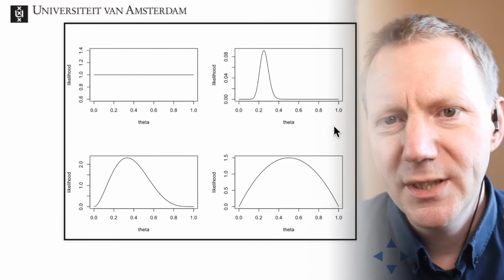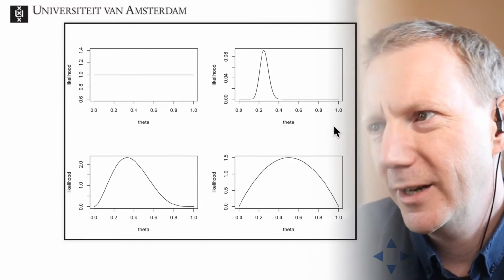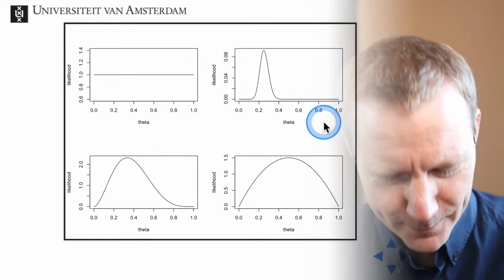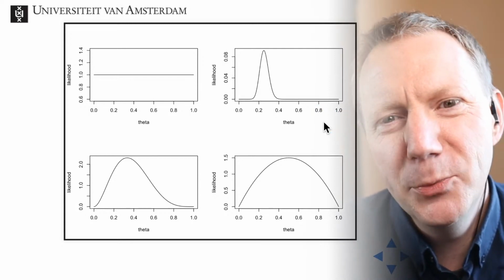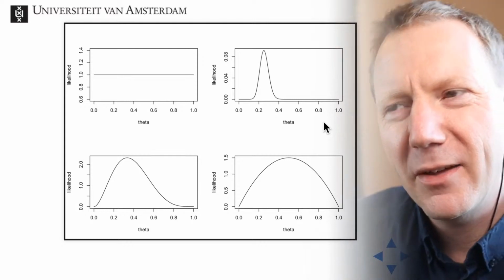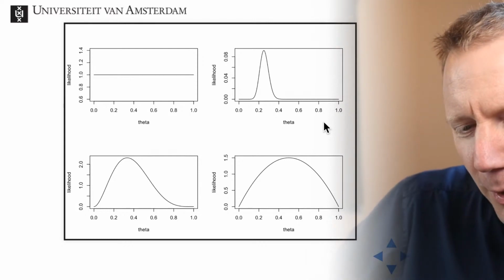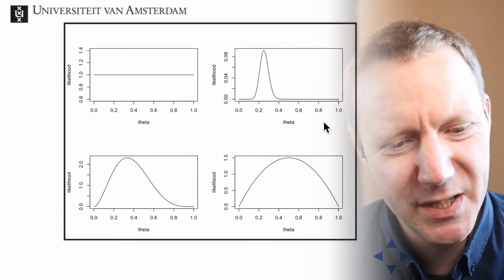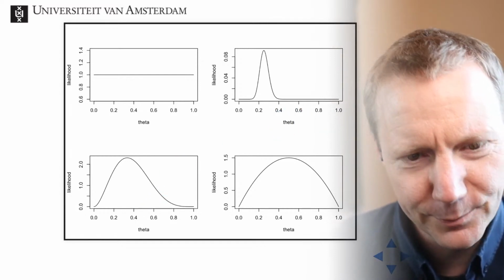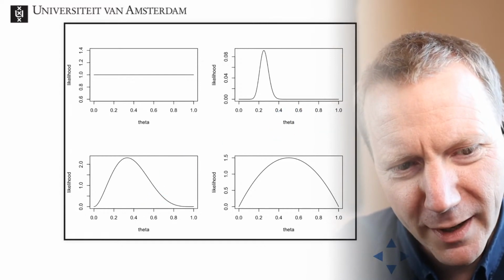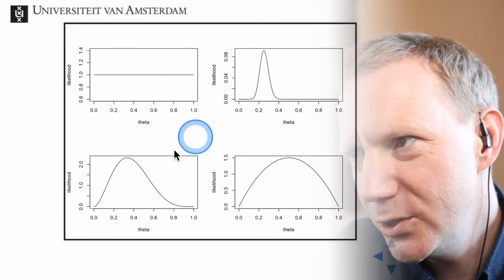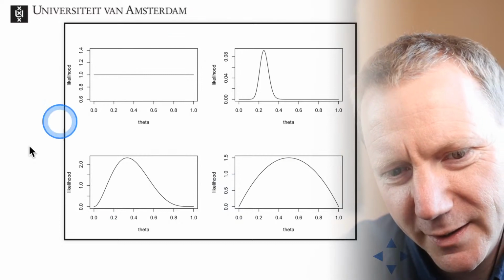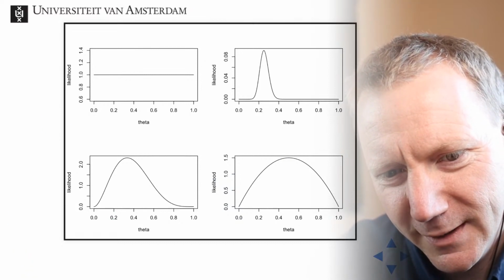So what I'm going to do is choose a specific prior, and I'm going to be stubborn. I'm going to stick to my initial stubborn belief that the probability of heads for this specific coin was actually 0.25, so I'm going to choose the top right prior here.